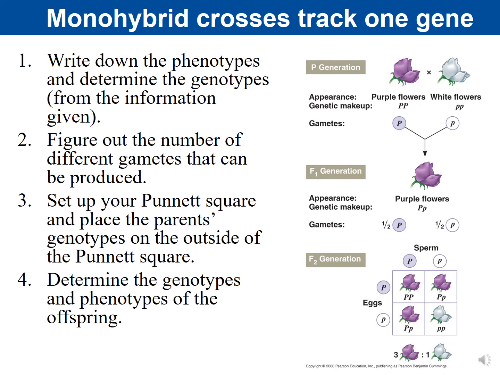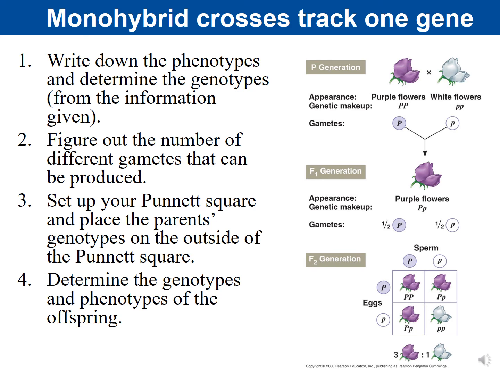So the genotype would be big P, big P. They're homozygous dominant. The purple flower is dominant over the white flower. If you cross that with a white flower, white is recessive, so you know that the genotype has to be little p, little p.